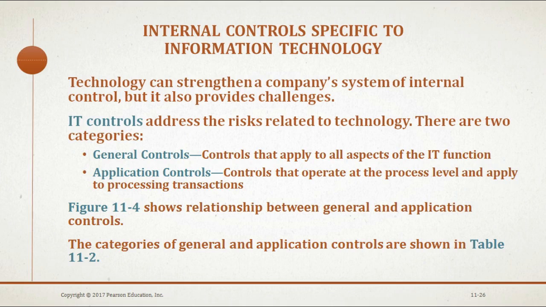There are 2 categories, the general controls and the application controls. The general controls are controls that apply to all aspects of the information technology function, while application controls are controls that operate at the process level and apply to processing transactions.